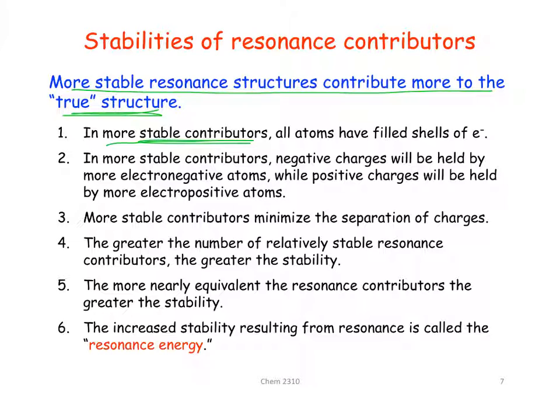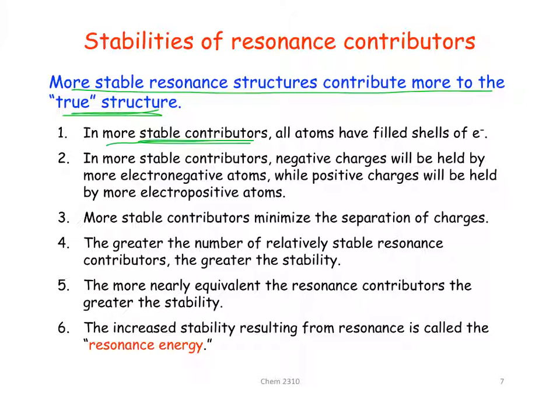Okay, we can draw some resonance contributors that follow all the rules, but they can be very unstable, and so they're not going to contribute much to the character of the true structure. Okay, so here are some rules about stabilities of resonance contributors. Okay, and these are kind of in order of priority.